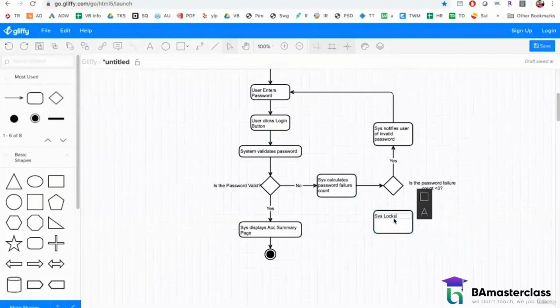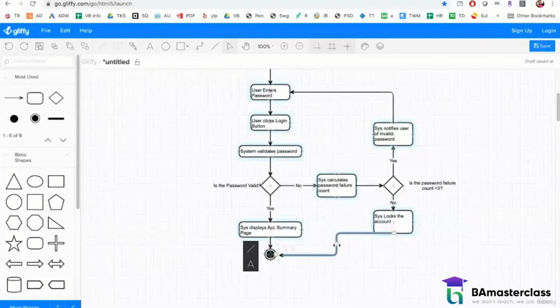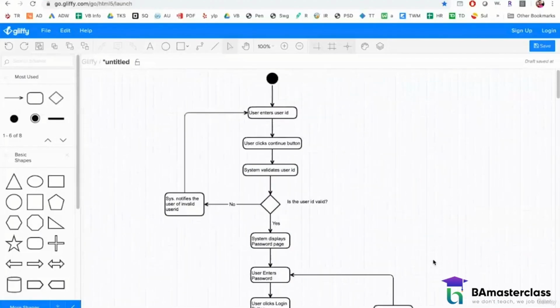System locks the account. And then where does this get connected to? To the end. That's a complete activity diagram.